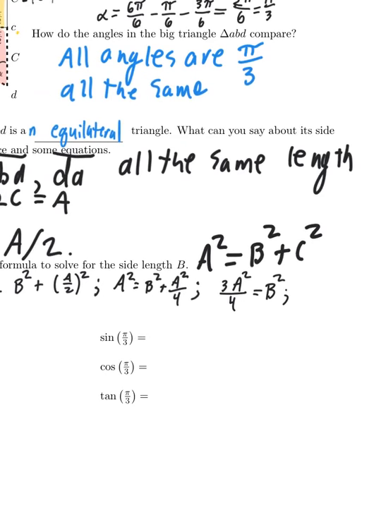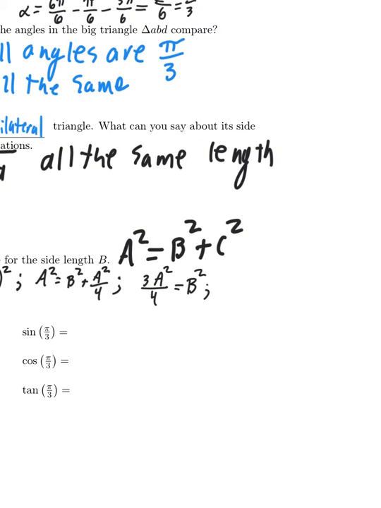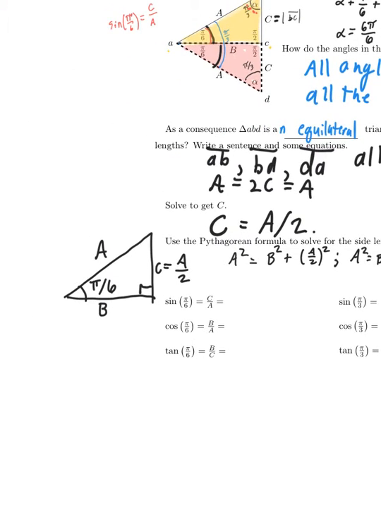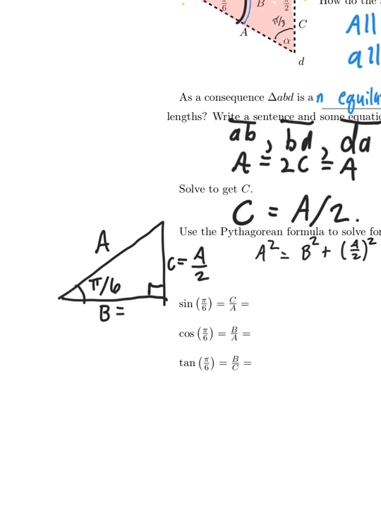Now I can solve for b by just square rooting. B is equal to a square root of 3 over 2. So put that right here. B is equal to a times the square root of 3 over 2.